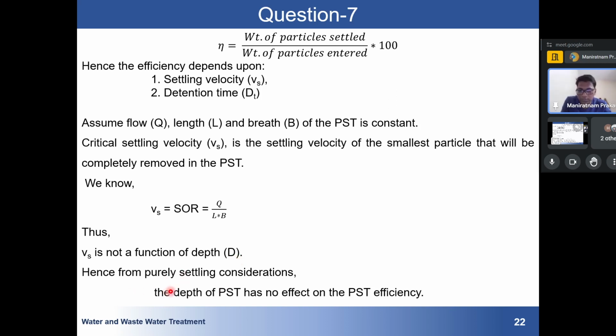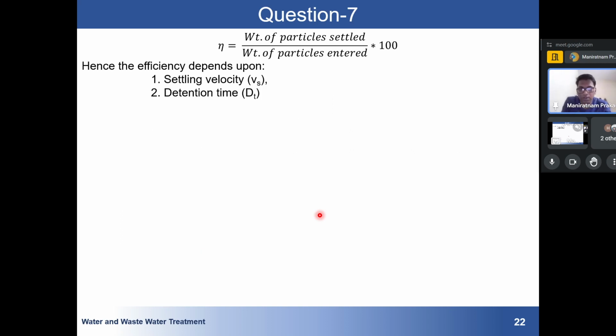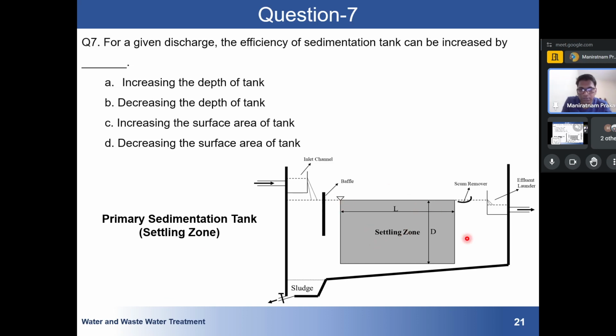Hence we can say that for pure settling condition, depth of PST has no effect on PST efficiency. PST means primary sedimentation tank. Is this clear? From this analysis, we can say that this depth is not important in its design.